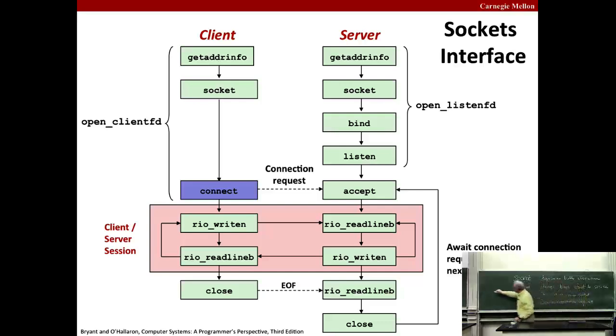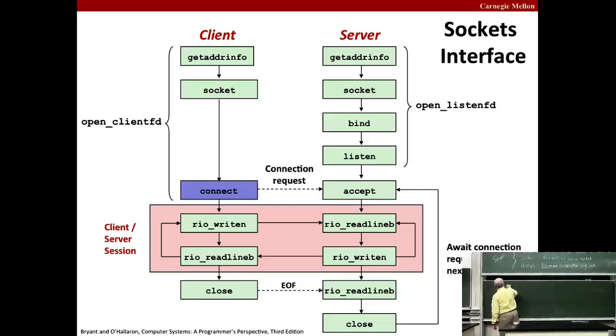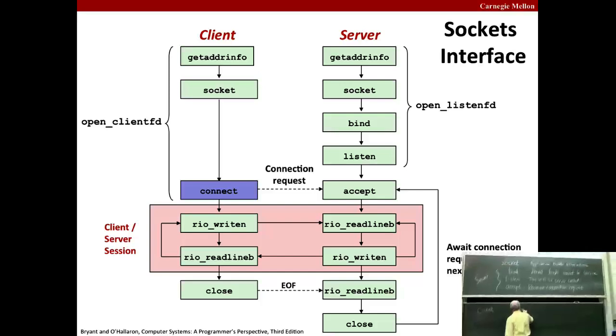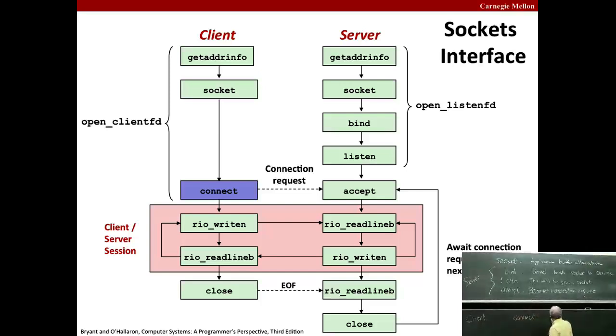So these are all on the server side, and on the client side it will make a call to connect. The job of that, from the client side, is to set up a connection to a server.